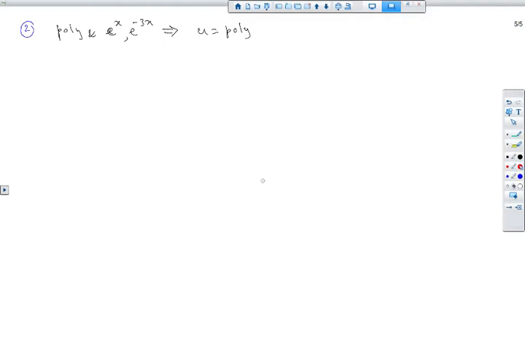If you have this, what we're going to do again is pick u equals the polynomial. This is similar to trigonometric functions. When you have a trigonometric function and a polynomial, we pick the polynomial. When you have a polynomial and an exponential function, we again pick the polynomial part as u.